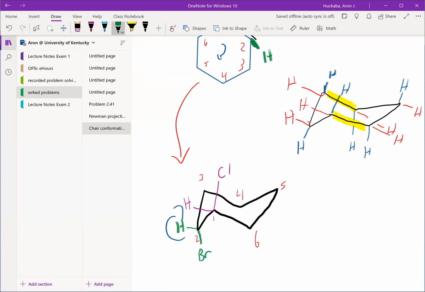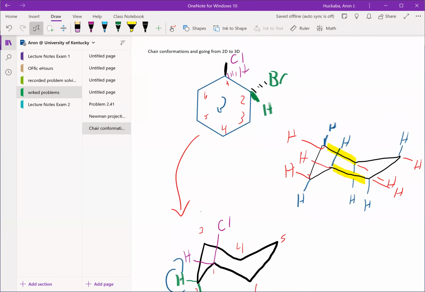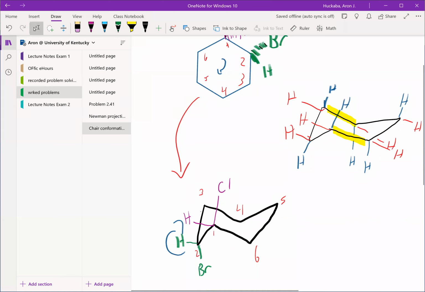So if you notice that they have two different signs, the chlorine is on a wedge and the bromine is on a dash, which means that they are both axial in this case. But I know what you're thinking: how did I know to draw them both in the axial position if they're going up? And that comes from looking at the 3D representation of this molecule.